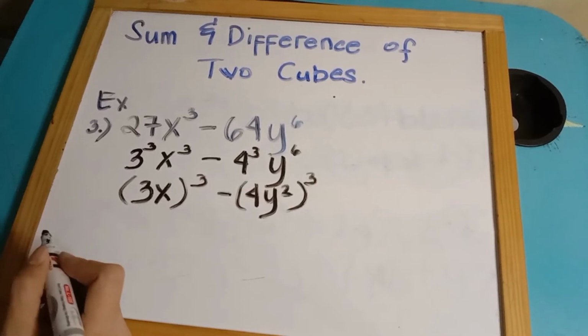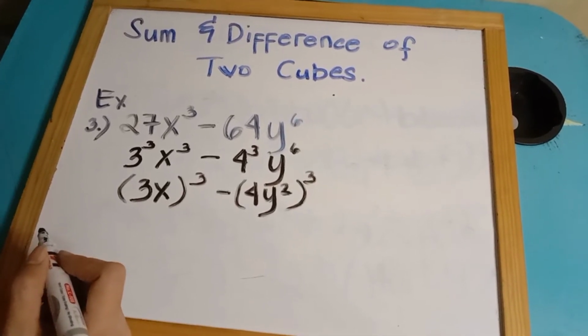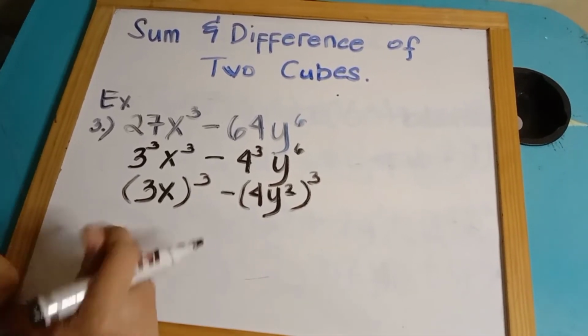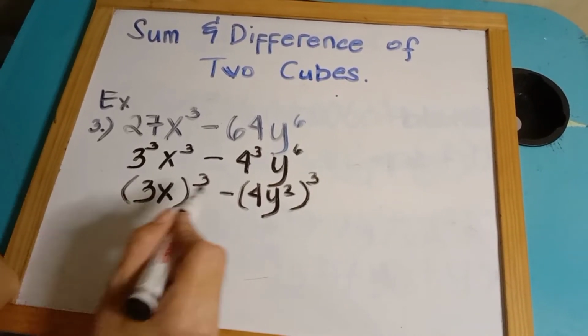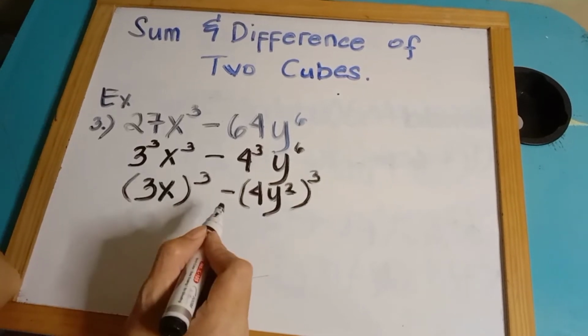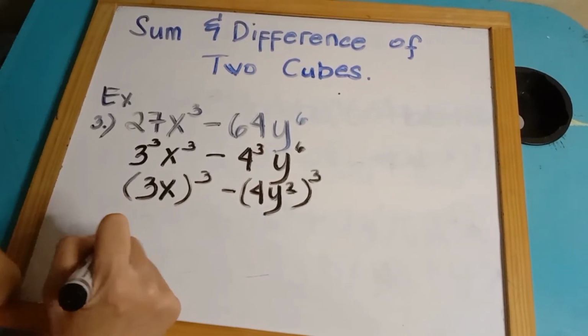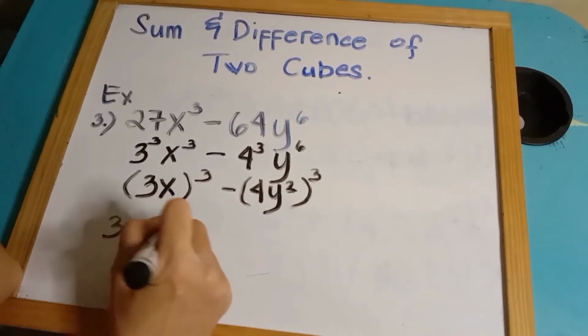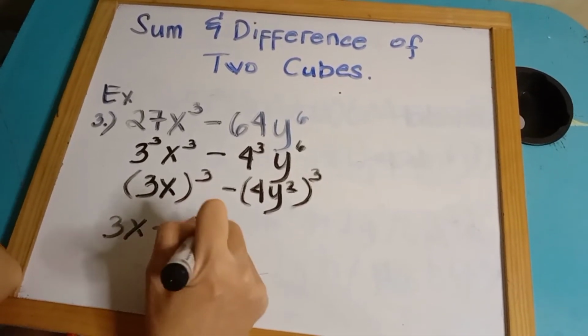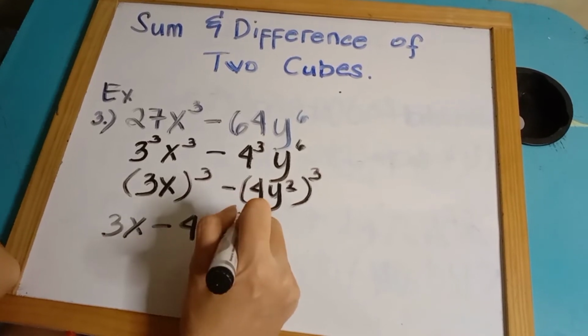So, applying the formula na pinakita ko sa inyo earlier, we have to write down first the difference of the two terms. So, 3x, ito yung first term, minus 4y squared.